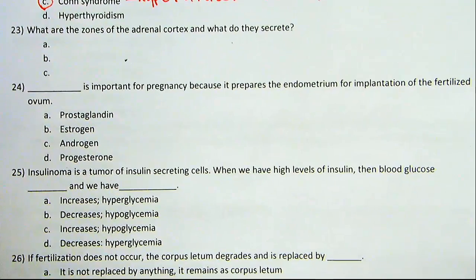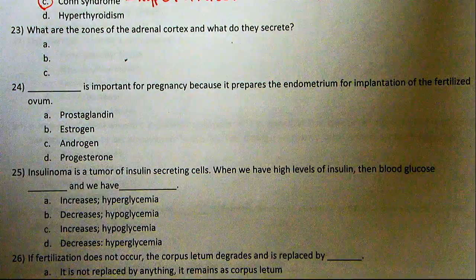Number 23. What are the zones of the adrenal cortex and what do they secrete? Okay.